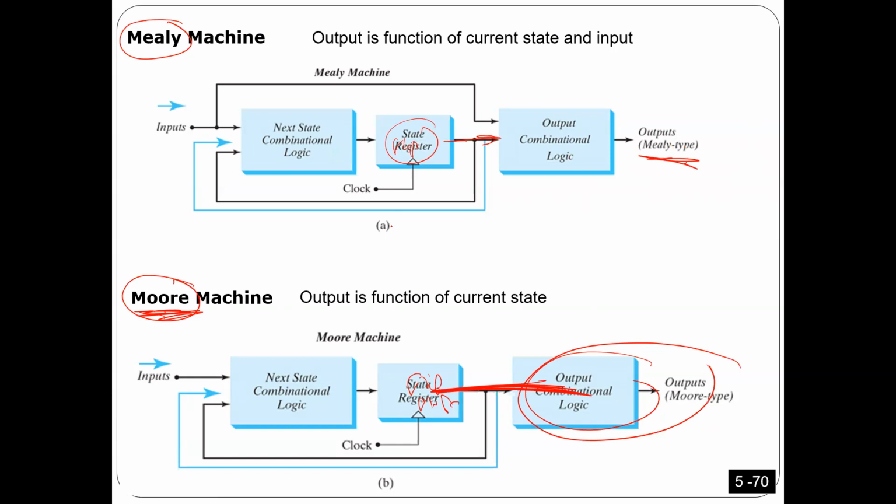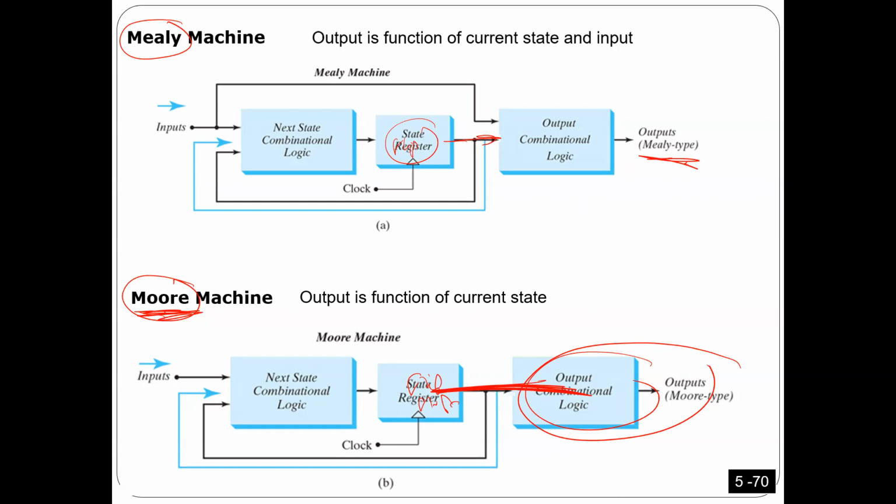You will see a register is just a number of flip-flops. I call them register. So anyway, it's the flip-flops, okay? So here, it depends how you are going to get the output. If I get the output only from the flip-flops, I'm going to call it Moore. This type is Moore. If I get the output from the flip-flops and the input as well, that's what we call Mealy. Just a definition. It's not a big deal.